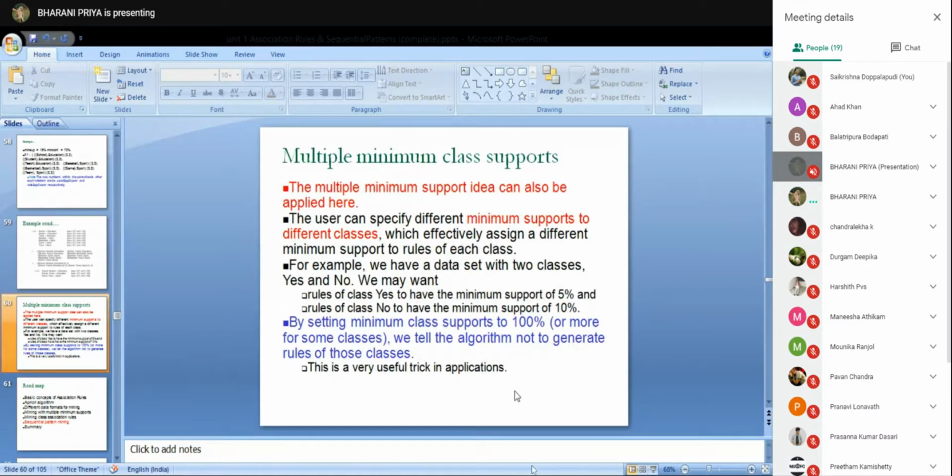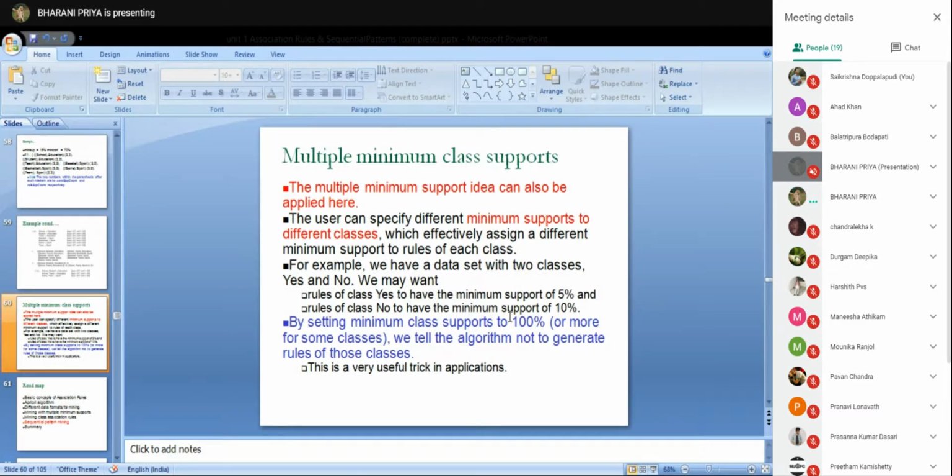Multiple minimum class support. Multiple minimum support. See, for one particular topic, some of the classes may appear more frequently, and some classes may appear less frequently.